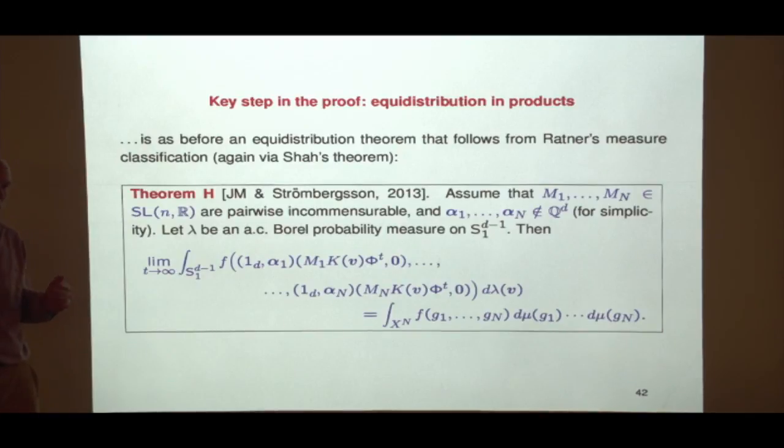Well, the reason is that we're looking at these spherical averages. And it is a fact that you can approximate the spherical averages by horospherical averages. And the horospheres are generated by unipotent orbits. And Ratner gives us a classification of all ergodic invariant measures under unipotent flows. Now, as we look at larger and larger spheres, let's assume we have a limit, right?